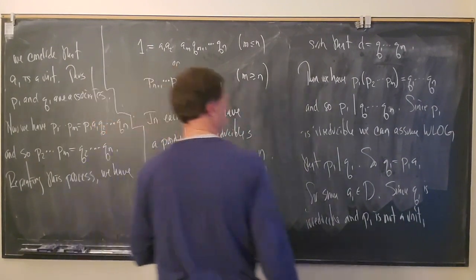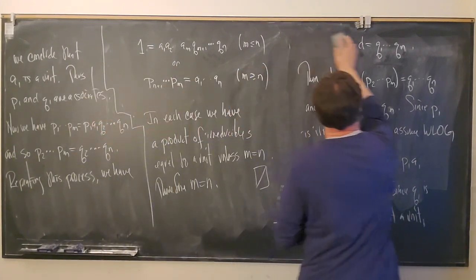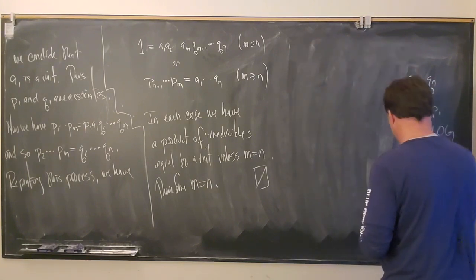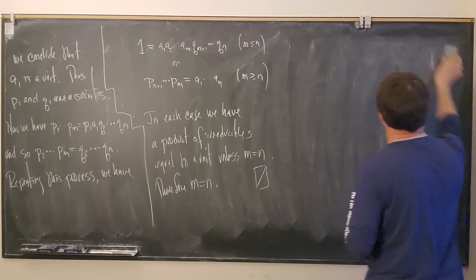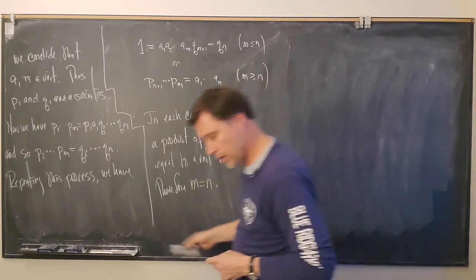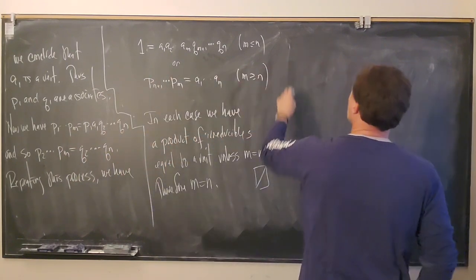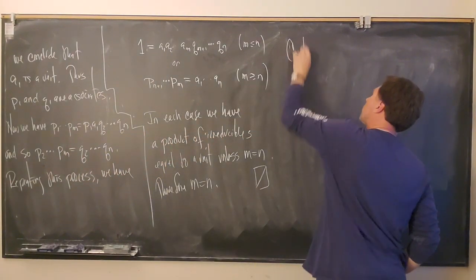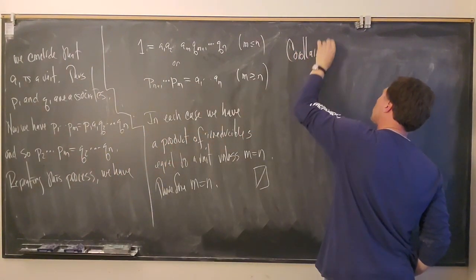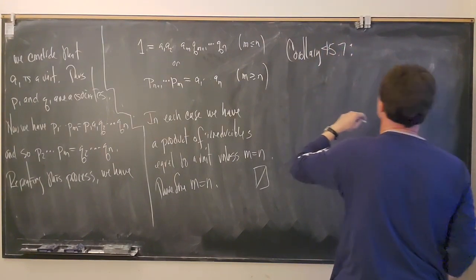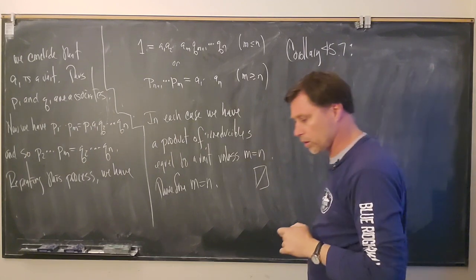As a quick consequence of this, so this would be corollary 45.7. Well, okay, so this corollary has a name.